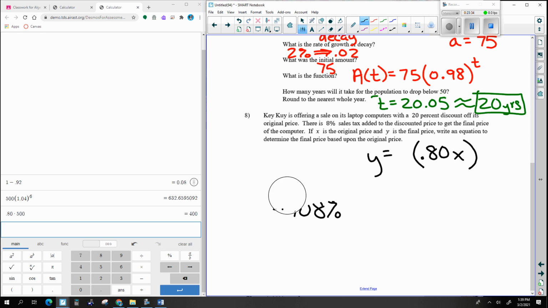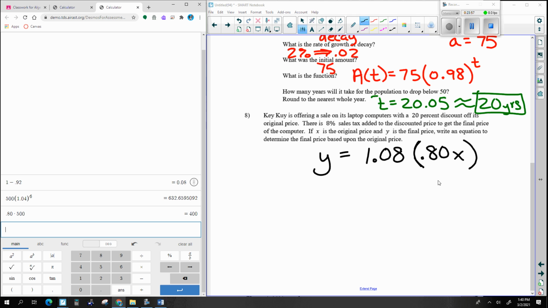So what we have right here is the price with our discount. So we need to pay 108% of that. This will be the final price of our computer.